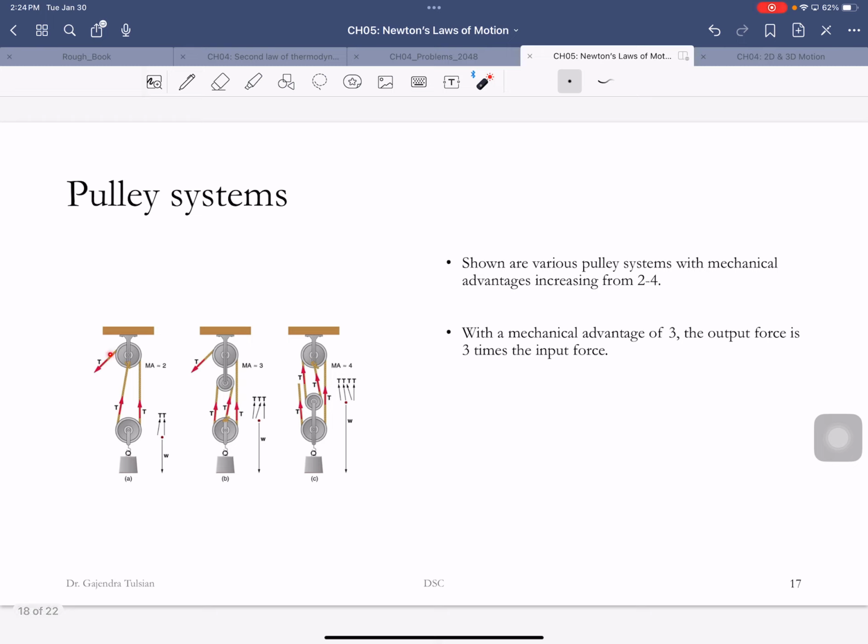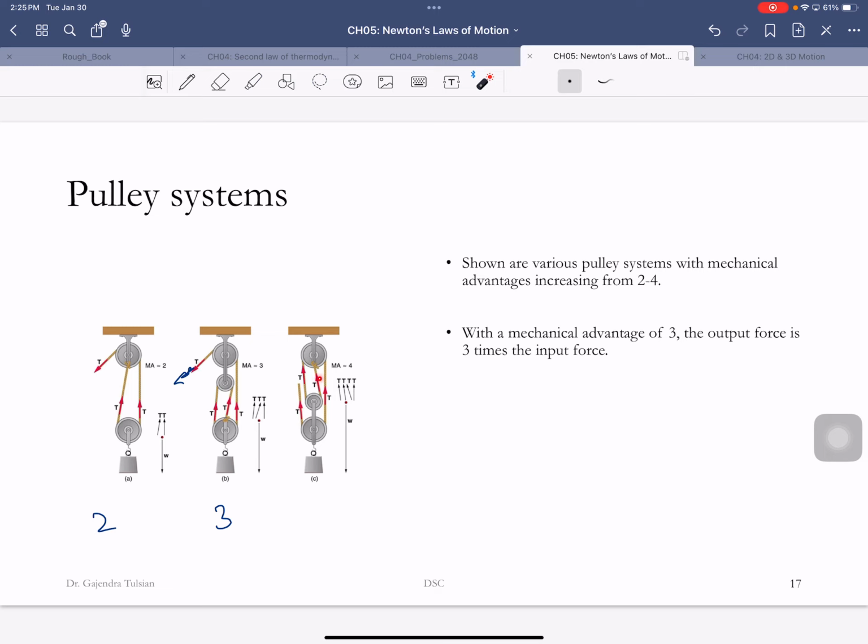You just have to calculate how many strings are going up. So this has a mechanical advantage of 2. This setup has a mechanical advantage of 3. What does that mean? To lift a 100-pound force, you need to apply a force of 33 pounds.